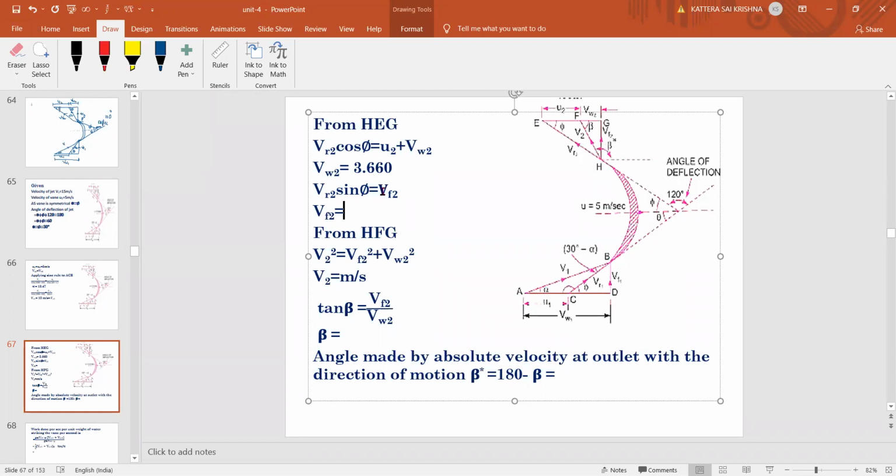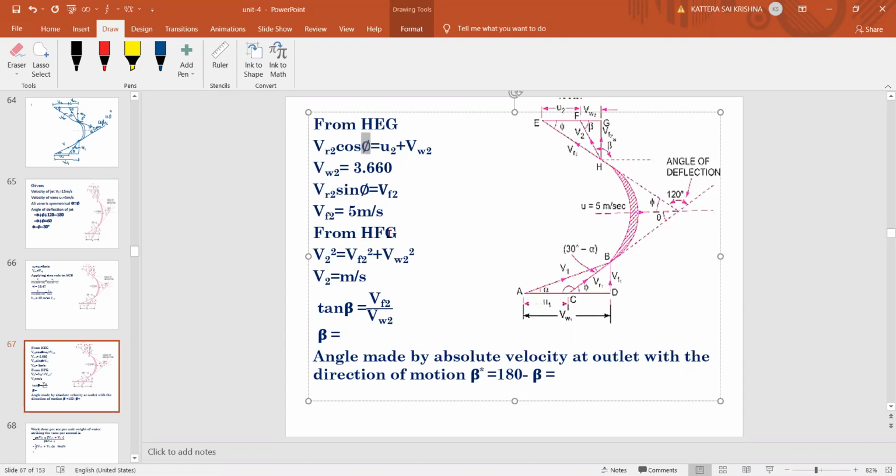So VR2 sin phi equal to VF2. So VF2 equal to 10 sin 30, which is 5. 5 meter per second. Since we have the phi value directly, we can use this.